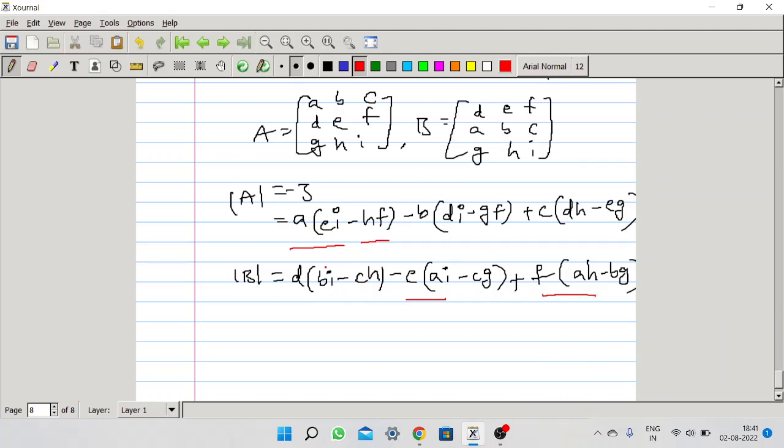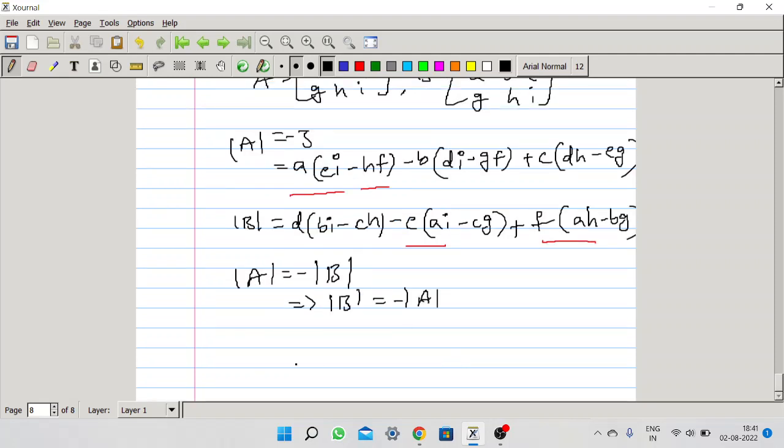So like this we can see from all these terms, determinant of A is nothing but determinant of minus B. That implies determinant of B equal to minus of determinant A. But it is asked to calculate the determinant of 2 times B whole transpose.